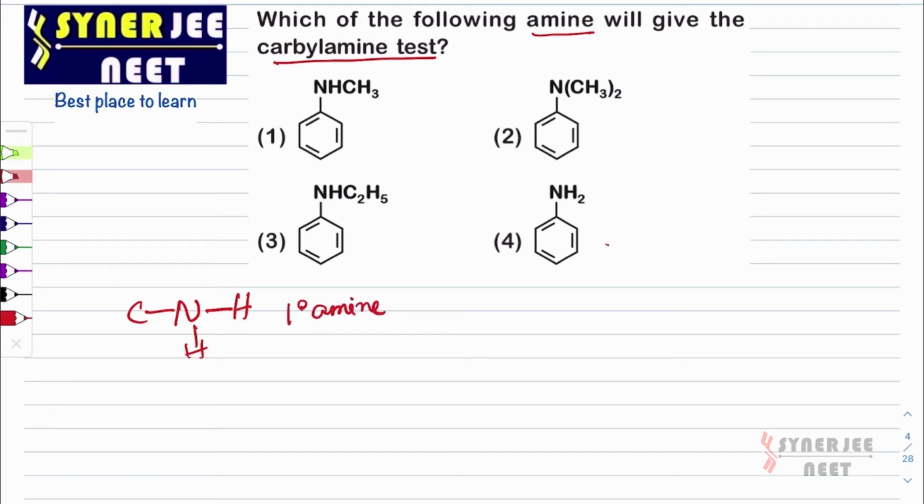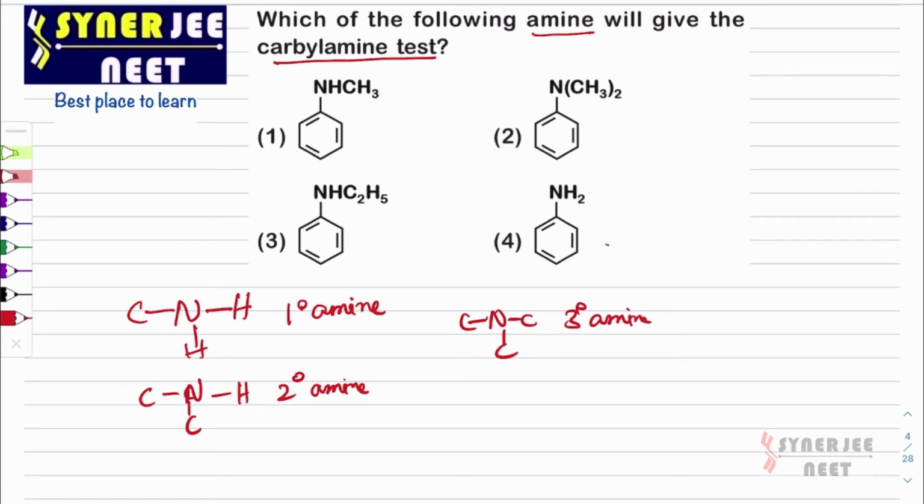If 3 hydrogens are attached to nitrogen, we call it ammonia. If 2 hydrogens and 1 carbon, it is called a primary amine. And if 2 carbons are attached to nitrogen and 1 hydrogen is there, it is called a secondary amine. And if all are carbons only, then it is called a tertiary amine. So if 3 carbons are attached to nitrogen, it is a tertiary amine.